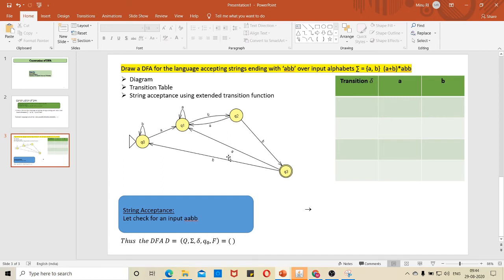So, now by seeing the diagram, a transition table can be drawn. How the transition table can be drawn is that now we have 4 states.